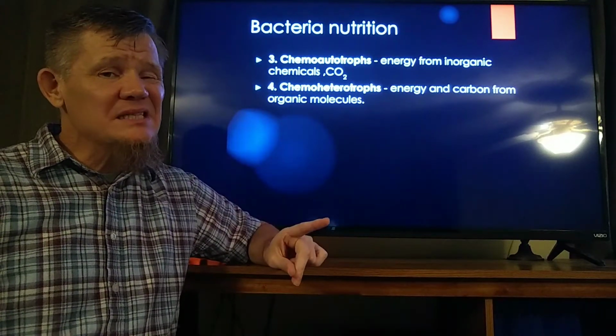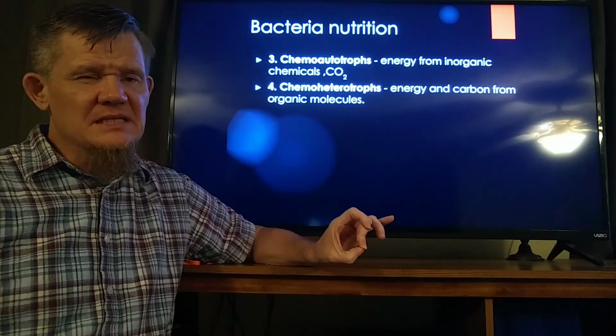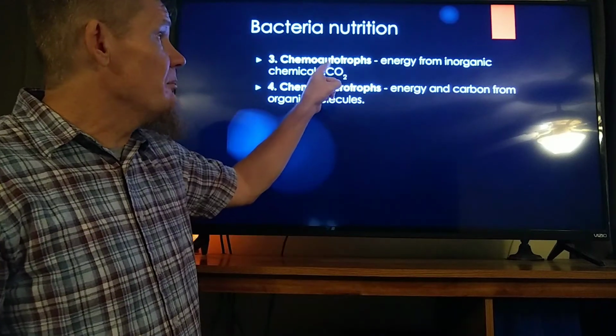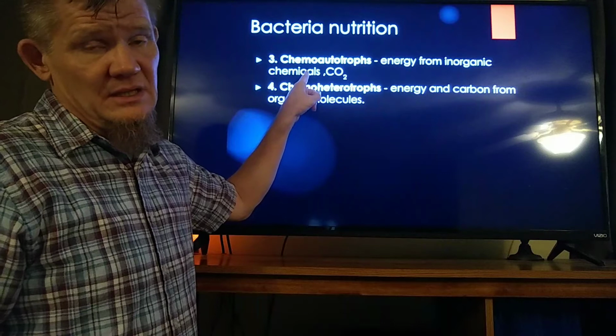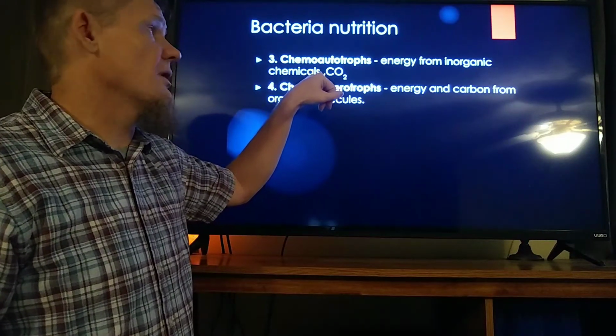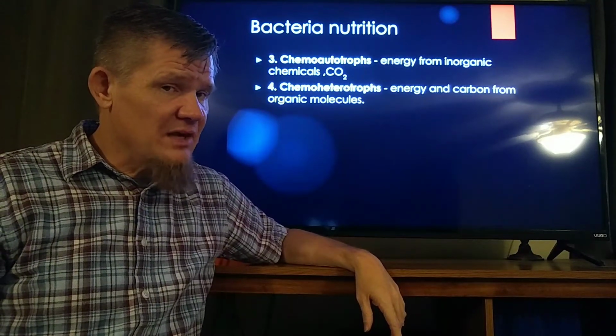Not very many species of photoheterotrophs, not very many species of chemoautotrophs. These are ones that are able to make their own food, but they can't use sunlight to do it. They use the energy trapped in chemical bonds, usually sulfur compounds. Again, there are not very many species of chemoautotrophs.